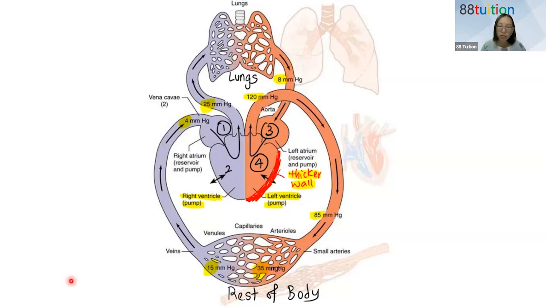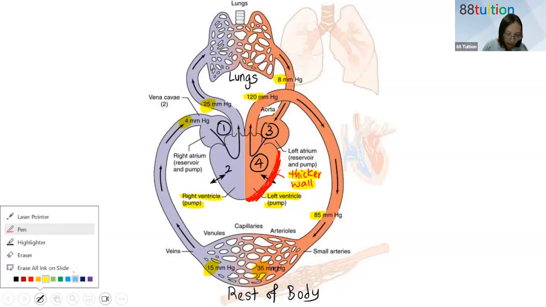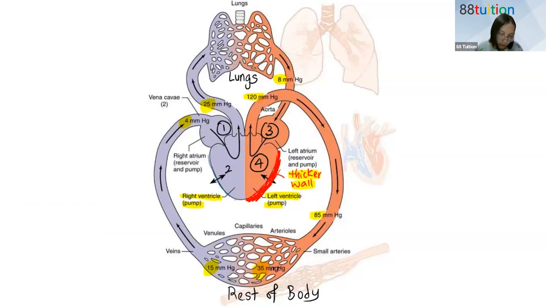So once you know this, always remember the left ventricle has the thicker wall, the right ventricle has thinner wall. So maybe I will use a blue color to show the thinner wall. Both of them are in charge of pumping, so it will bring up the pressure.